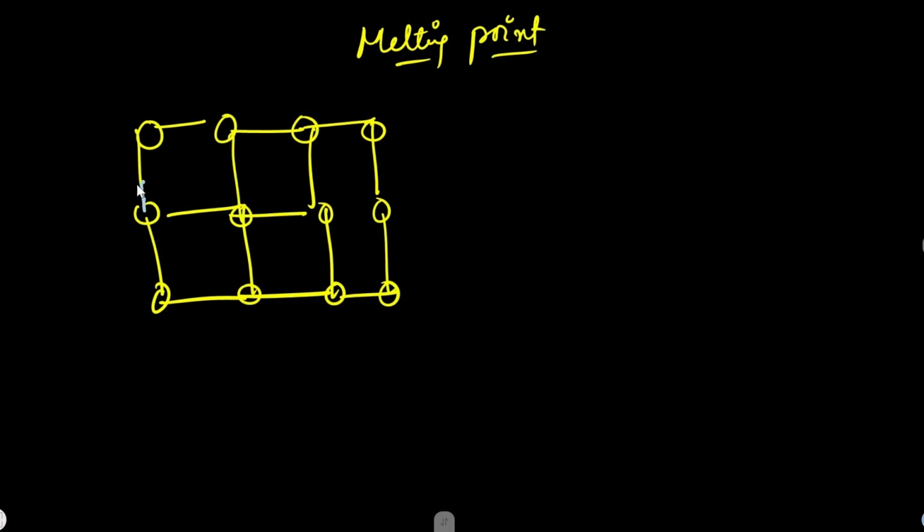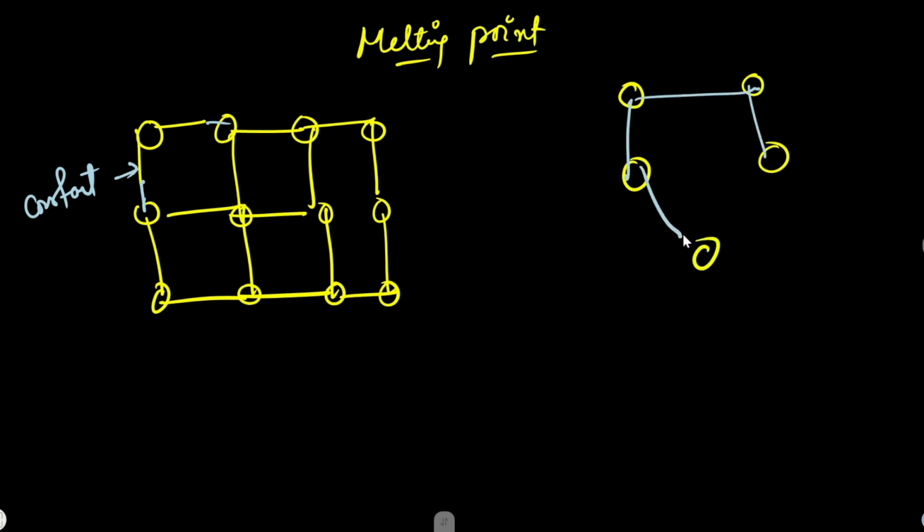This distance is constant, it does not change. What will happen in the case of a liquid? The distance between the two particles, if this is the liquid and this is the bonding at a particular time, right now, this is the bonding.